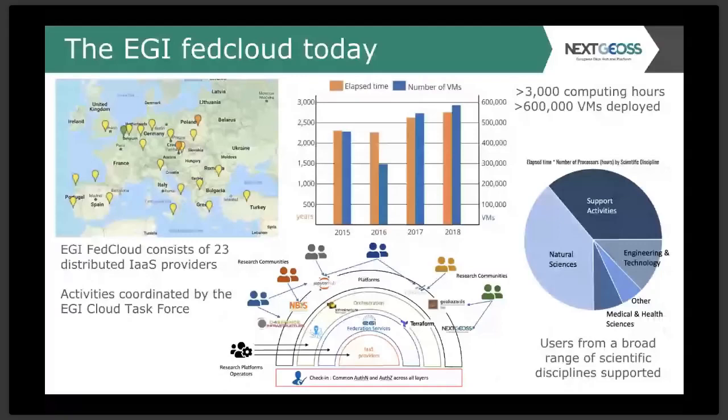So in the future, we plan to expand our capabilities and the capacities of the federated cloud. In particular, there is an increasing need for GPUs, high memory and compute intensive VMs, particularly with this move towards artificial intelligence applications. Another thing that we're working on quite strongly is to improve the discovery of resources and tools.